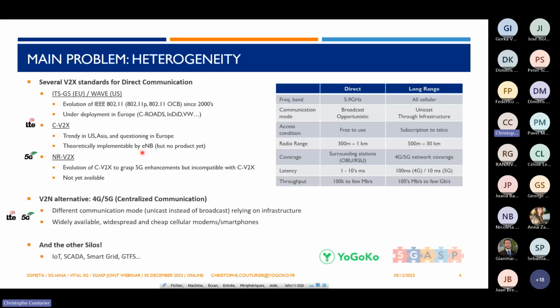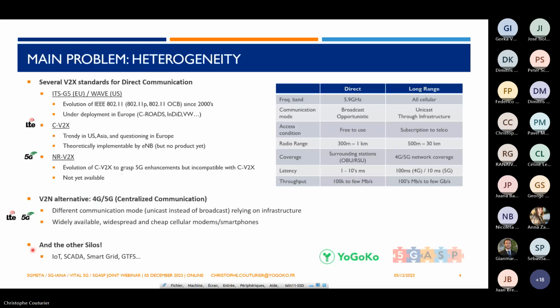For instance, you can't buy a base station that speaks C-V2X. You have to add something extra. And we have the promise of the new generation V2X with 5G, but for now it is not yet available, though there is a lot of promise on that. And of course, what is available is 4G and 5G Uu communication.